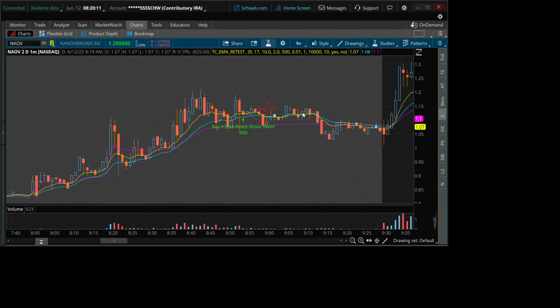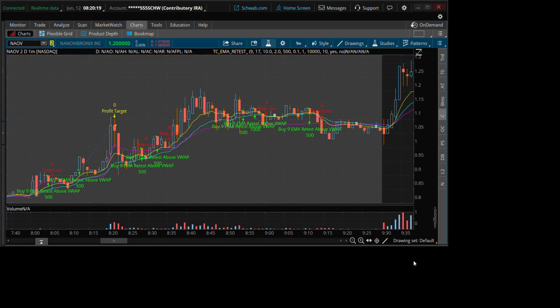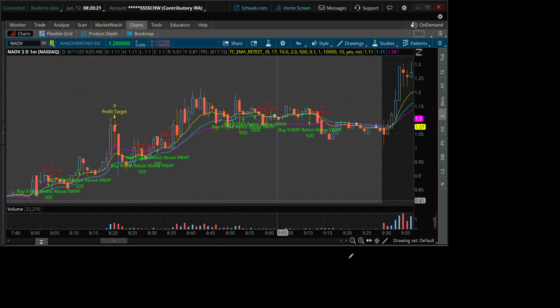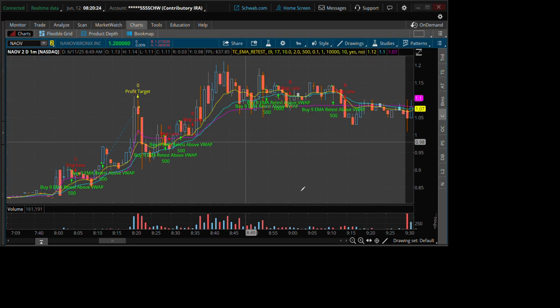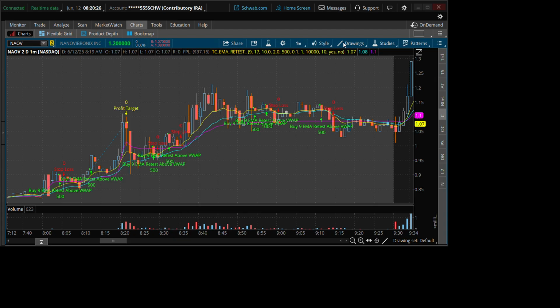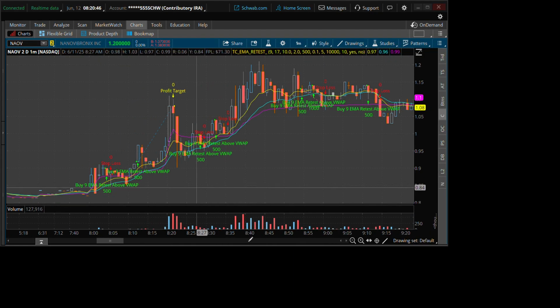Alright, stop loss 17, trade size 500, retest range 0.1. There it is. I just had a couple settings in there that were off. I'm just showing you guys that, hey, look, I'm not perfect on this. I can get in here and you can mess with it, but I had to figure out where my settings were for my other one. Let me go volume look back 5, see if that makes any difference. Yeah, not much. Still about the same.